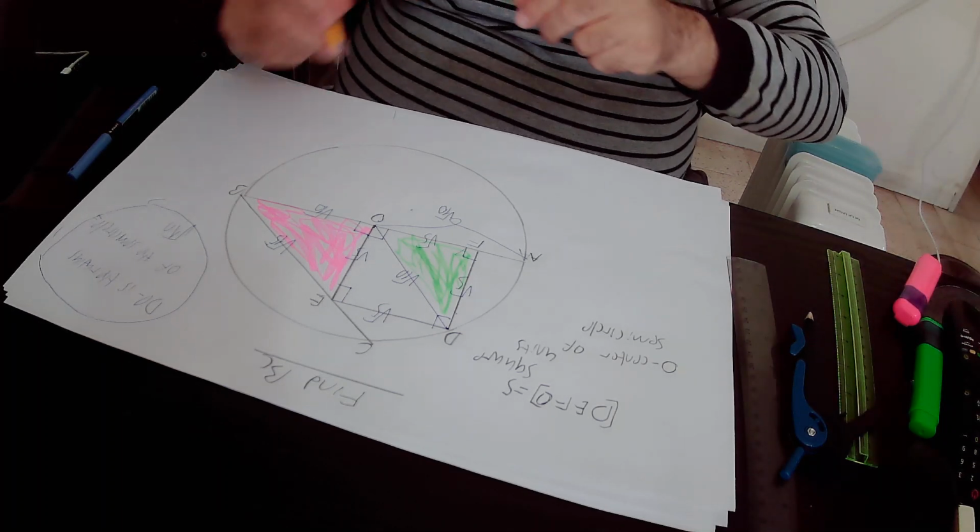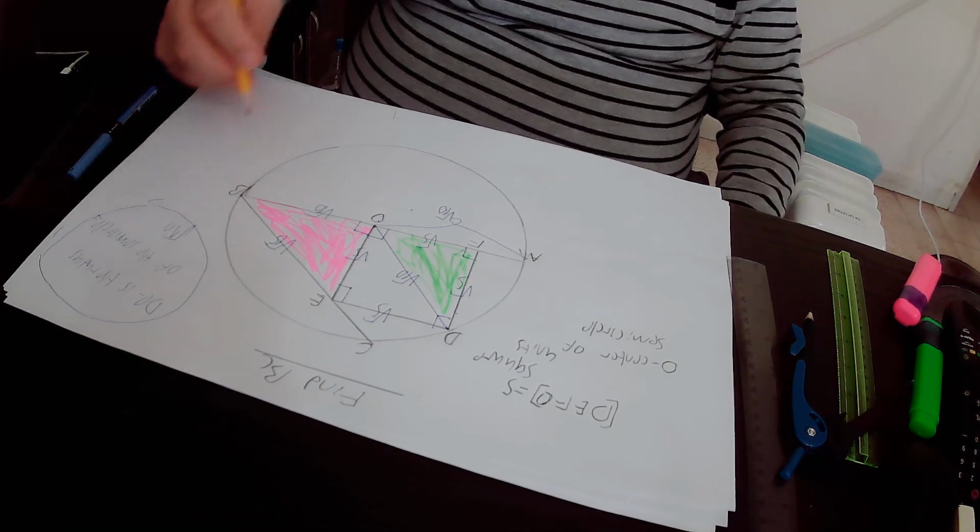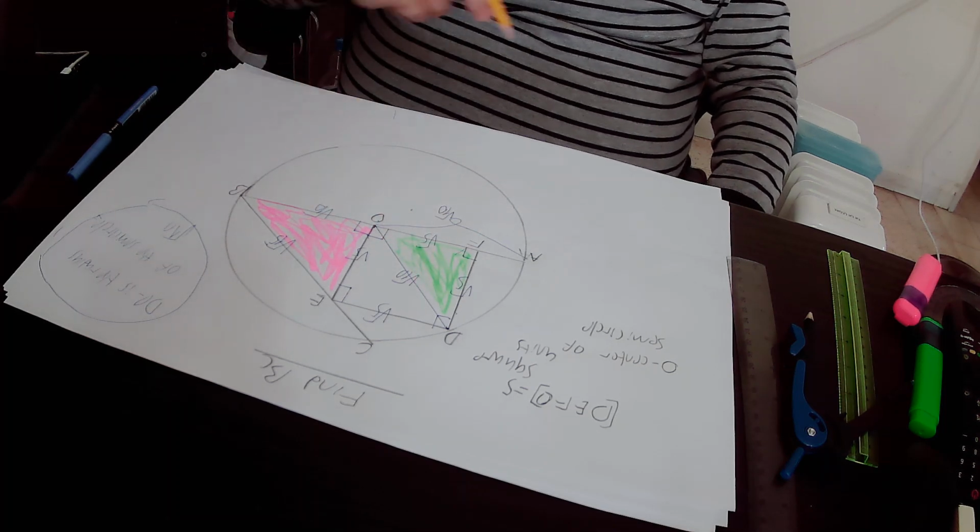So in the first step, I have completed the semicircle to a circle.